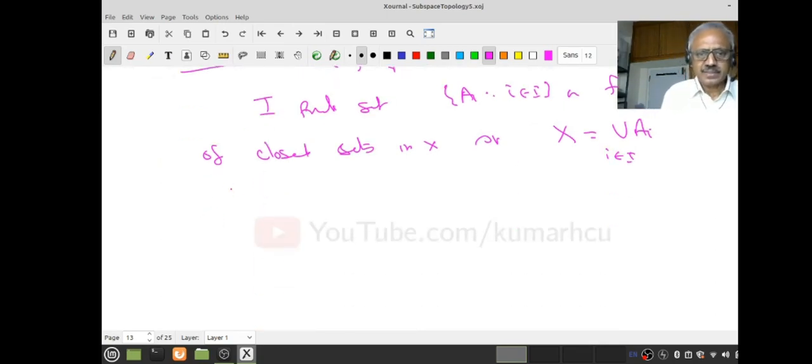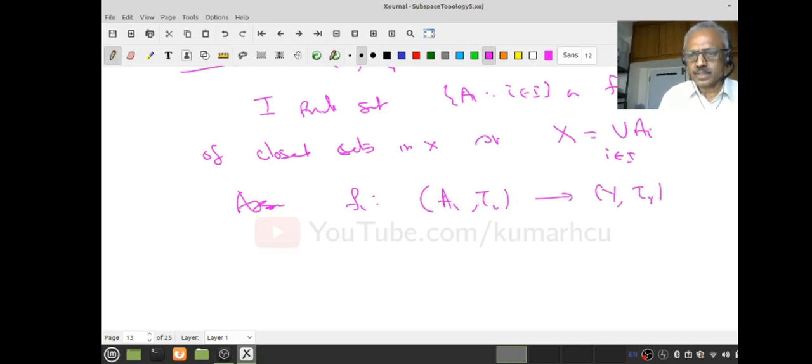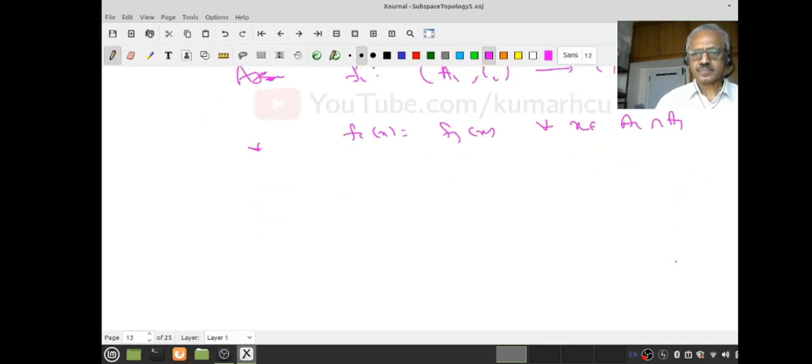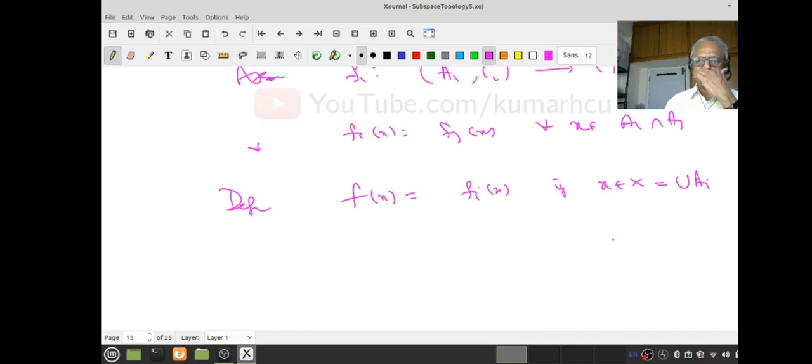Then assume fi from Ai with the subspace topology to (Y, tau Y) is continuous for all i in I, and fi of x equals fj of x for all x in Ai intersection Aj. Then define f of x equal to fi of x if x belongs to Ai, where X is the union of the Ai. Therefore it must be in at least one Ai.